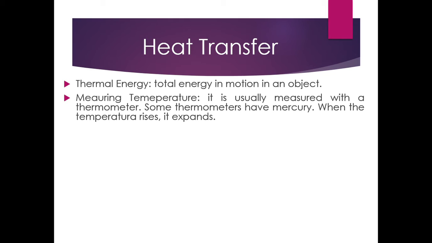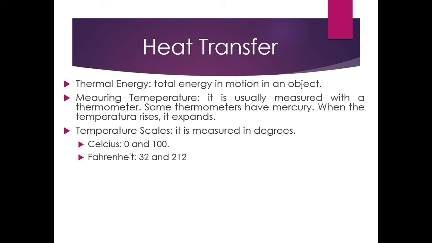After a while, the mercury is going to start expanding because of the temperature it's being exposed to. Then it is going to reach a certain temperature that will let the doctor know the temperature of your body. Regularly, the temperature of our bodies should be around 37 degrees. If it is above or below that, it's something abnormal.